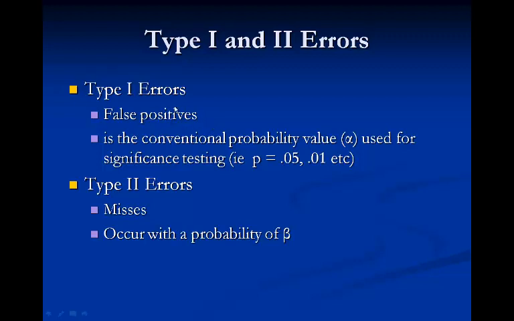And the rate of type 1 error that we adopt conventionally is the critical significance level, or the probability value alpha. So typically it's 0.05. So what we're doing by setting that probability level of 0.05 is we're prepared to accept a 5% type 1 error rate as a maximum.